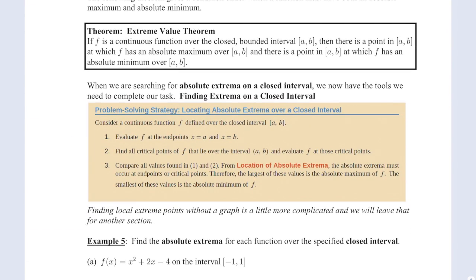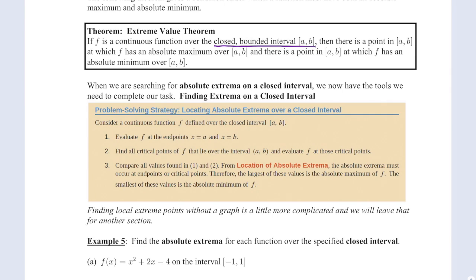All right, so then the next theorem tells us how to find extreme values, and we're talking about absolute extreme values here. And this applies only to closed bounded intervals. So no intervals where the function values are unbounded, but closed intervals with boundaries.